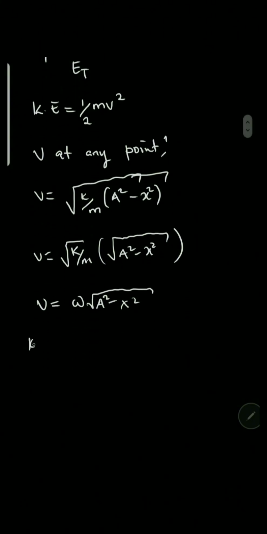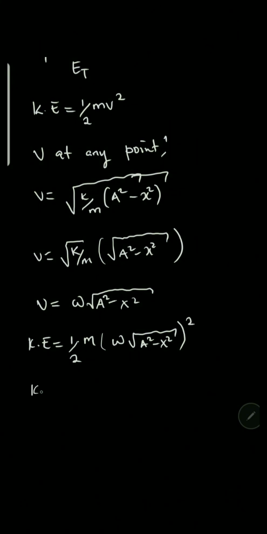Hence we get our kinetic energy to be equal to half mass, while there's v replaced with this, now our v squared, so this will also be squared.